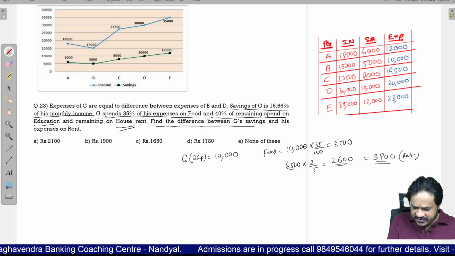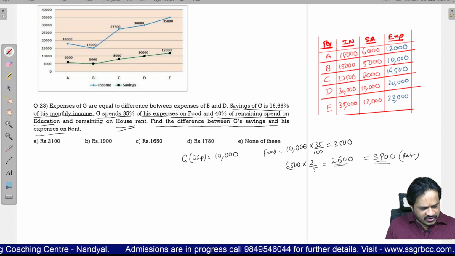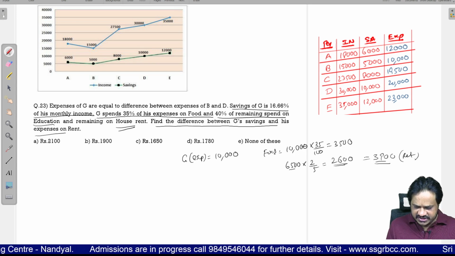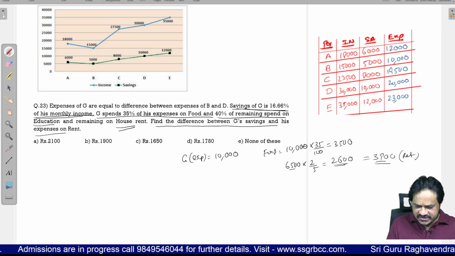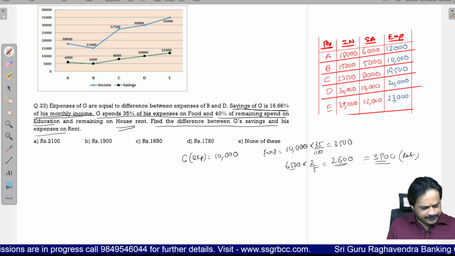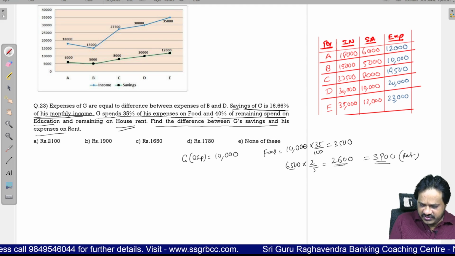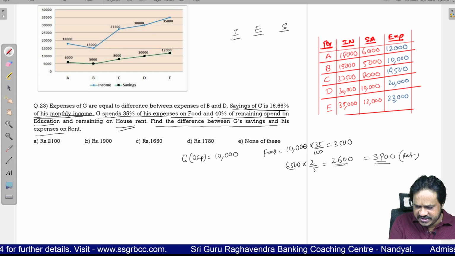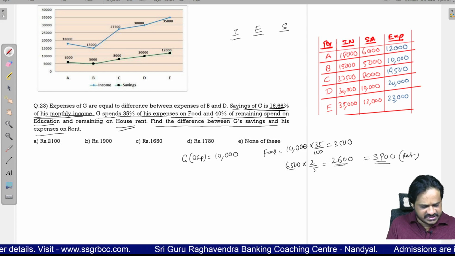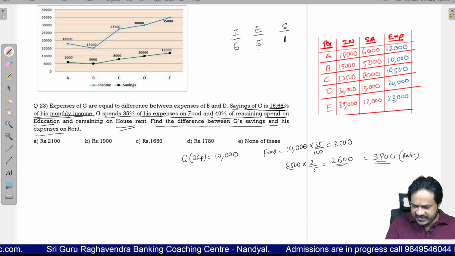Now, find the difference between G saving and G expenditure on rent. Saving of G is 16.66% of monthly income. So, what we can understand from this: income, expenditure, saving. 16.66% is nothing but 1 by 6. Therefore, saving is 1 part, income is 6 parts, expenditure is 5 parts.